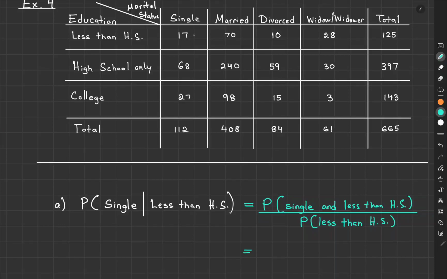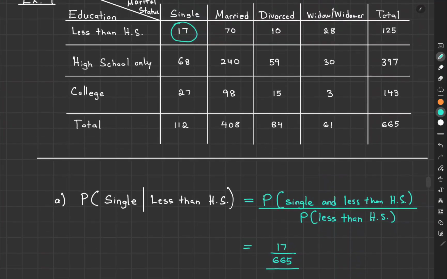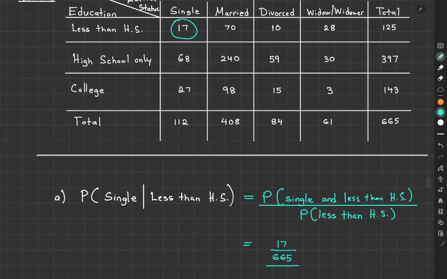So the people that meet both criteria are going to be these 17. So it's 17 out of 665. And it's going to be divided by the probability that someone has less than a high school education.